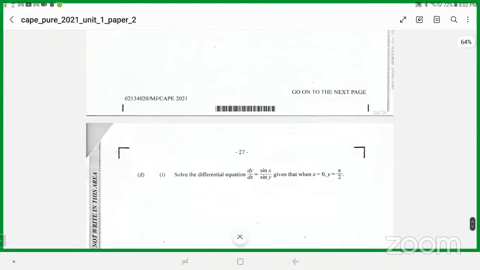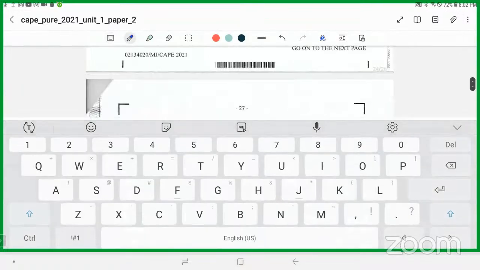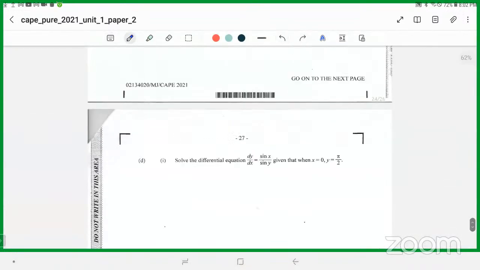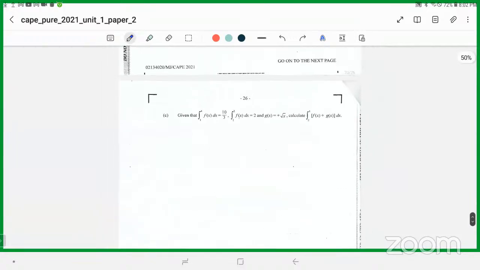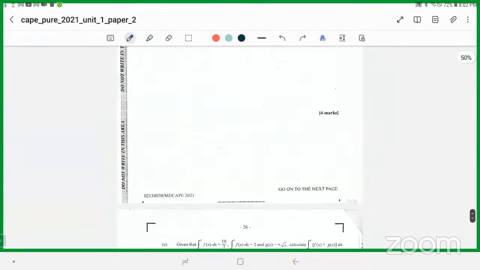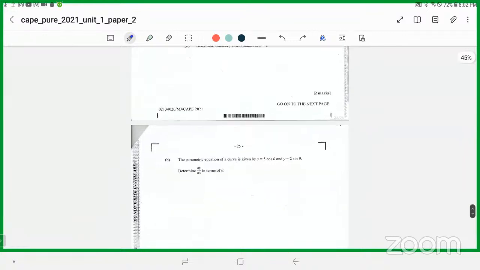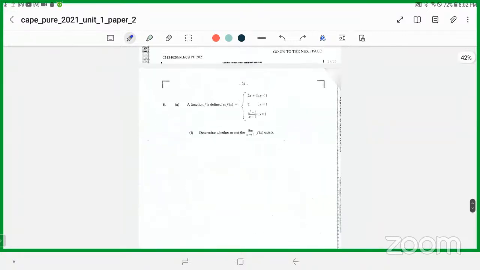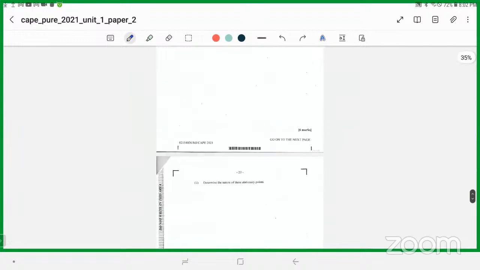Somebody said I wanted some of this as well, but we can do this another time. Solving first order differential equation where the variables are separable. See if there's any substitution and integration there.